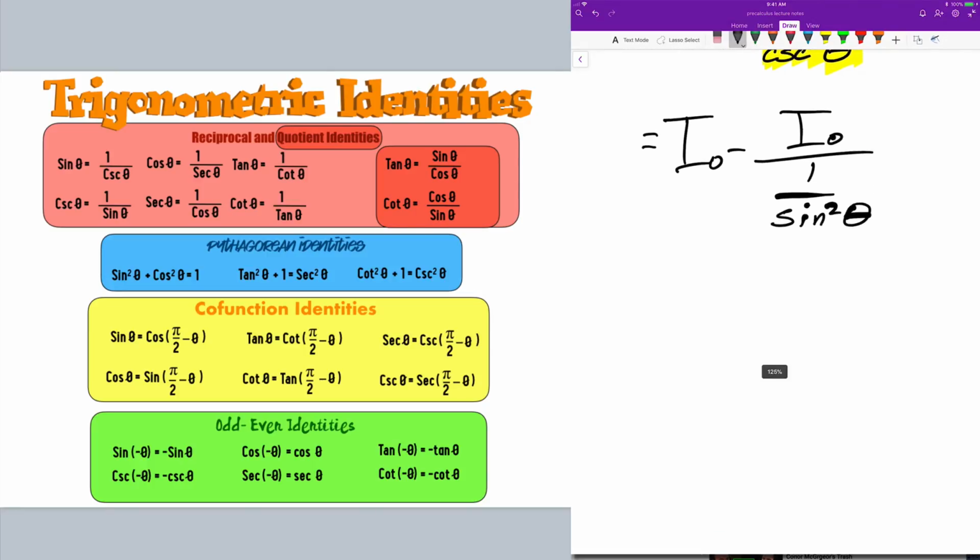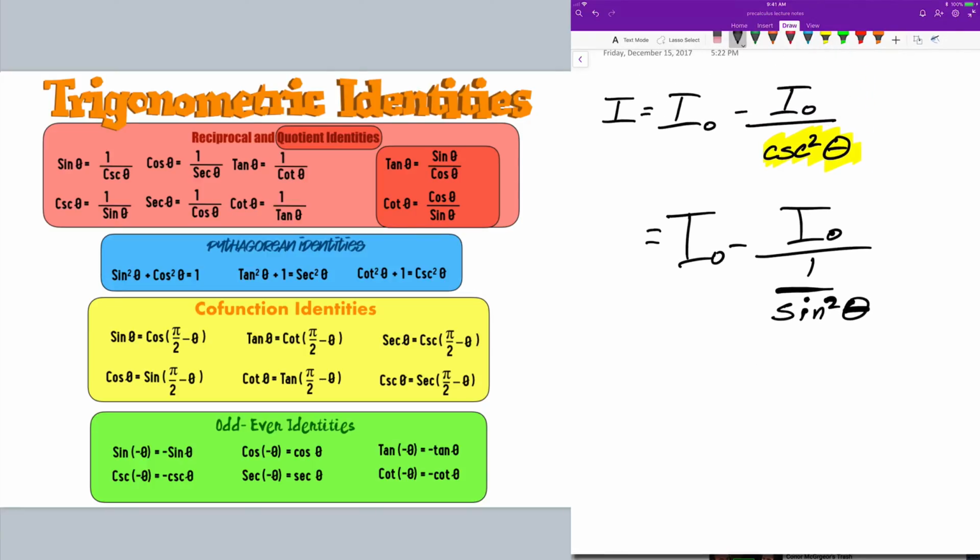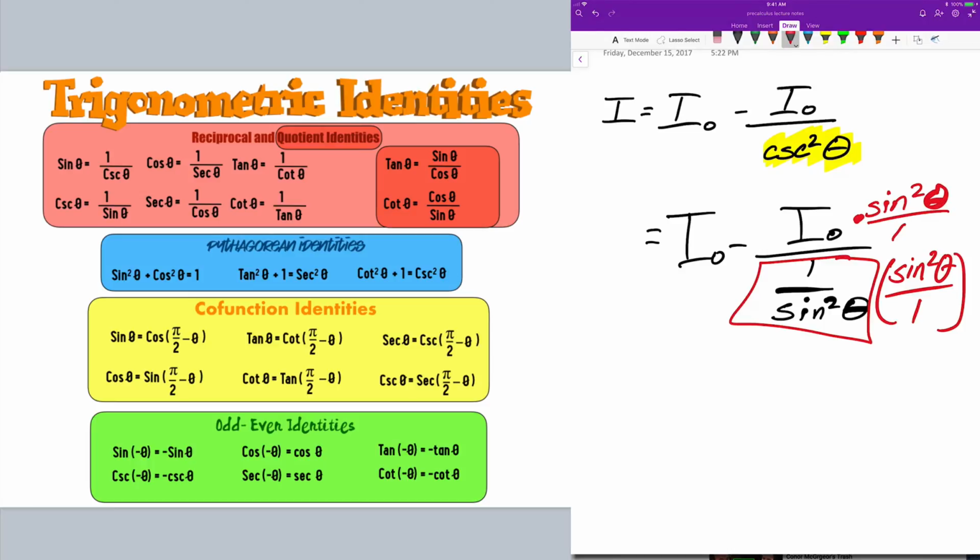So as I proceed, what I want to do is multiply by sine squared theta over 1, in red, so that I can remove this term from the denominator position and move it up here. Then I multiply everything up here by sine squared theta. My new formula will be I sub naught minus I sub naught times sine squared theta.